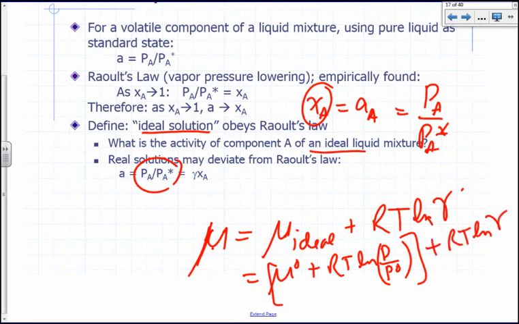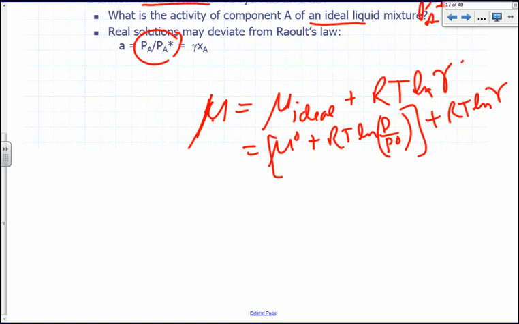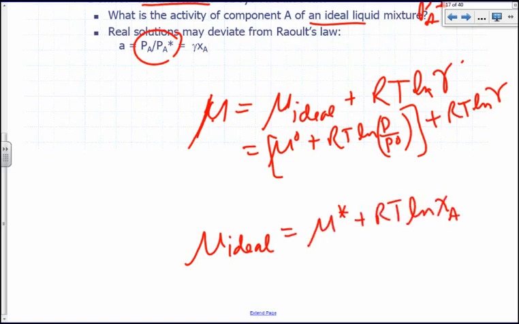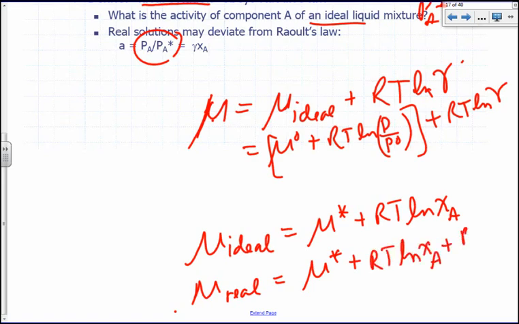So, same idea here. Instead, our mu ideal in this case would be mu star plus RT ln mole fraction of A. And so if you have a real component, a real solvent, which deviates from ideal behavior, then mu is equal to mu ideal, which is mu star plus RT ln XA, plus RT ln gamma.